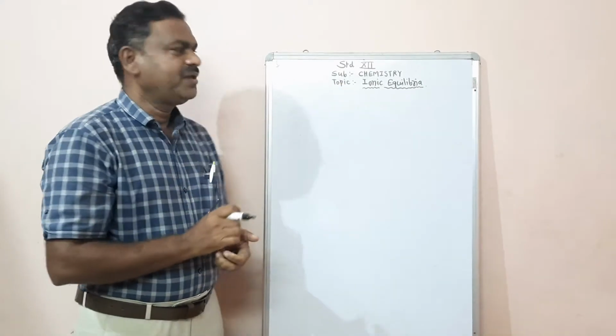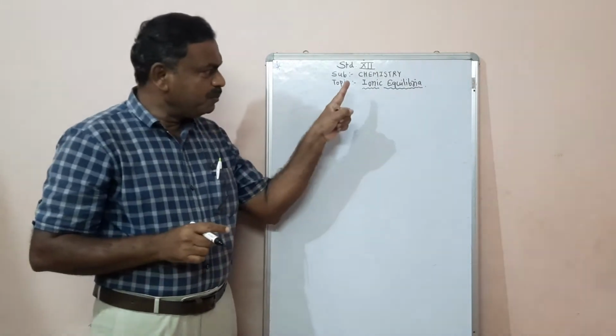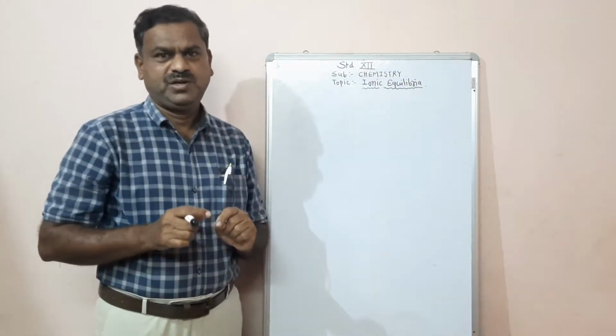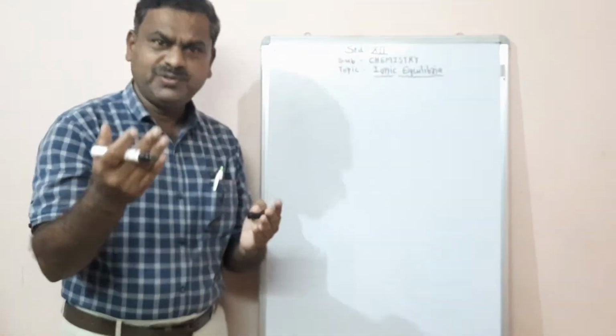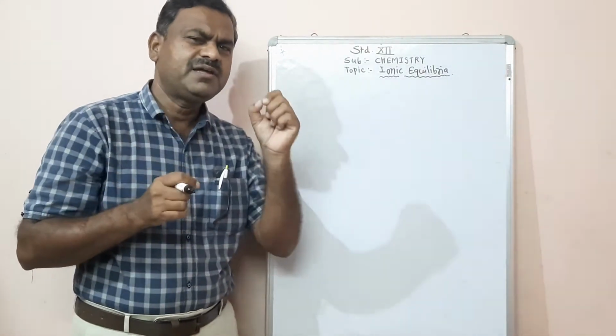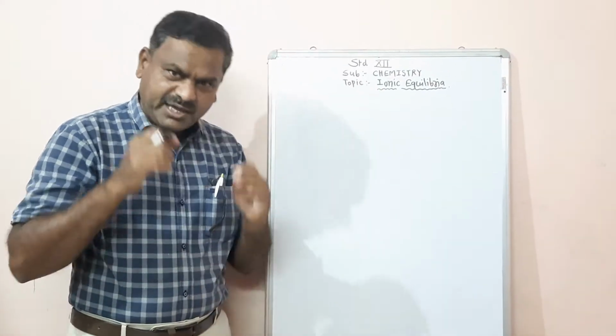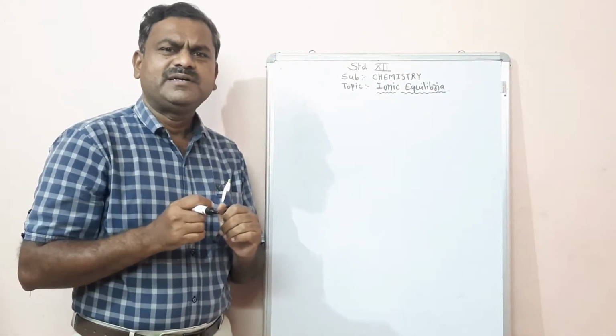Therefore, ionic equilibrium. Before that, you know this from a previous year, we have seen chemical equilibrium. Chemical equilibrium is what?